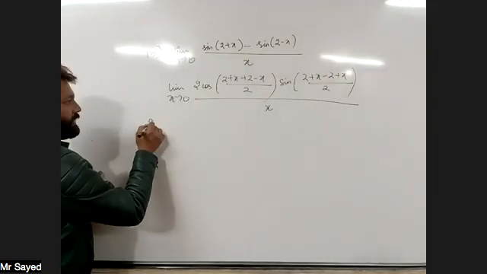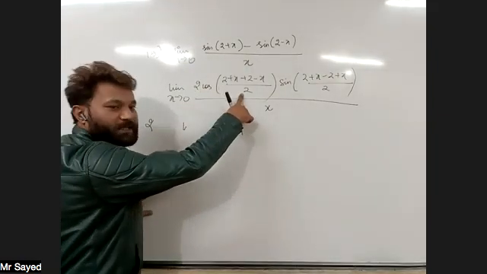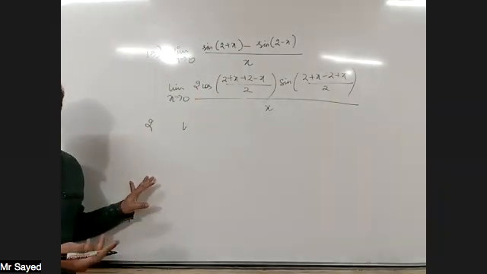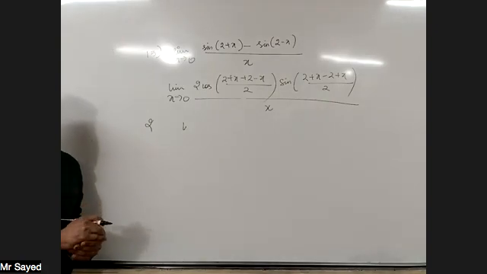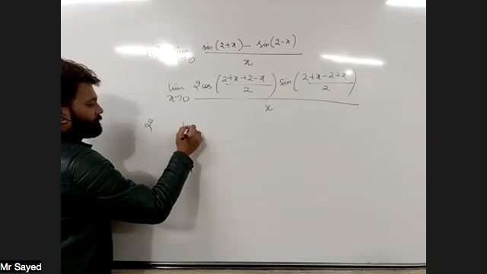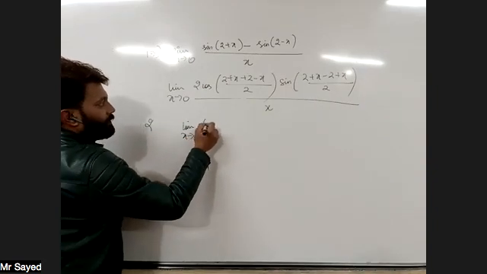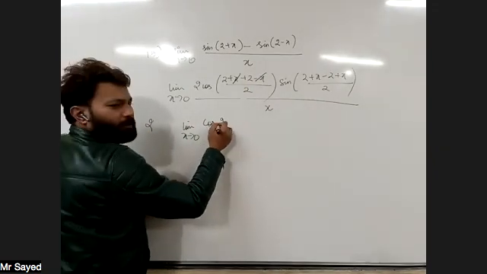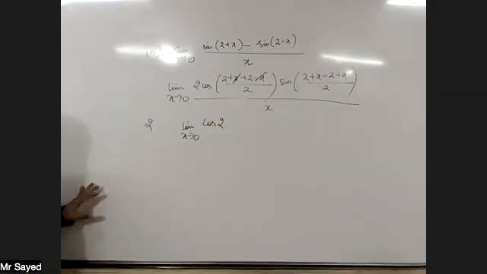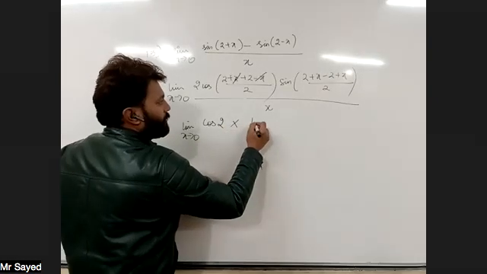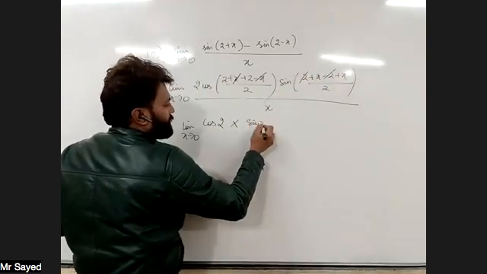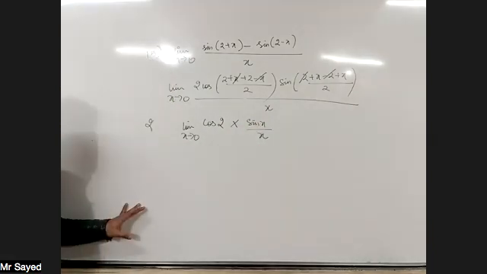This 2 being a constant outside, या फिर इस 2 से वाला 2 कैंसिल कर सकते हैं? कर देते हैं, क्या जाता? Can we? Why not? It's with the angle. x and x cancelled. So this will be cos 2 into this 2 and this 2 cancelled, sin x upon x.